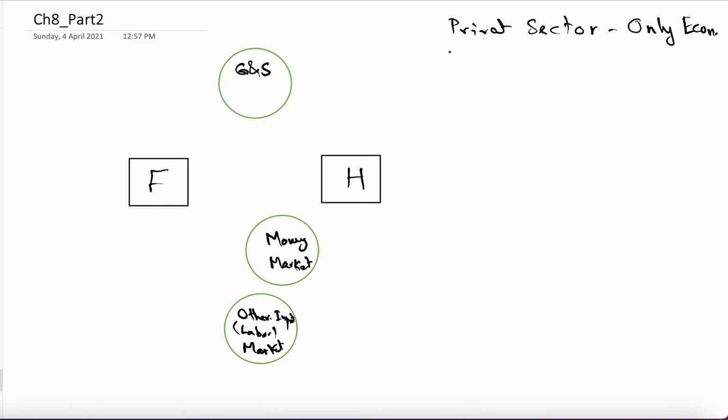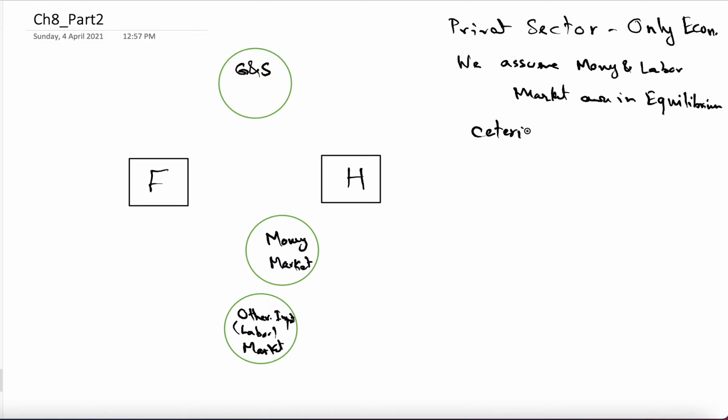One assumption is that we assume the money and labor markets are in equilibrium. And for the variables, this is ceteris paribus.